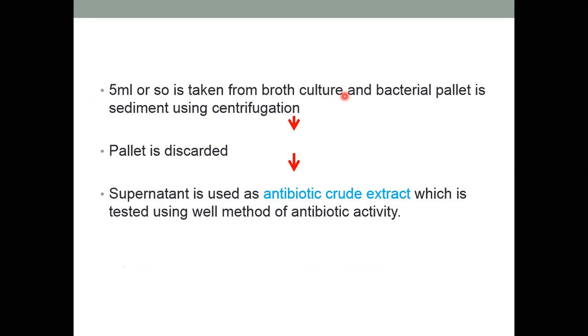You're going to discard the pellet and save the supernatant. Why? Because the supernatant has the crude extract, which can be used later on to do any kind of antibiotic activity testing, which is useful.